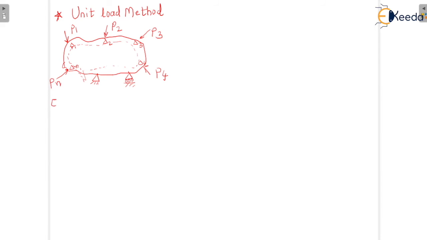Okay, we can write that the external work done is equal to half of delta 1 P1 plus, for all the forces, half of delta 2 P2 plus half of delta 3 P3. Like this we can write for n number, up to half of delta n Pn.